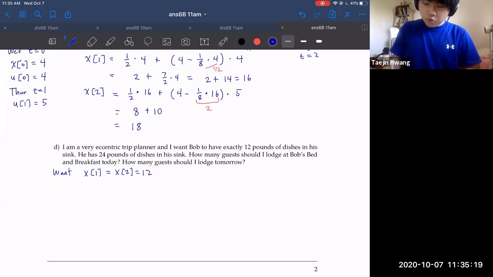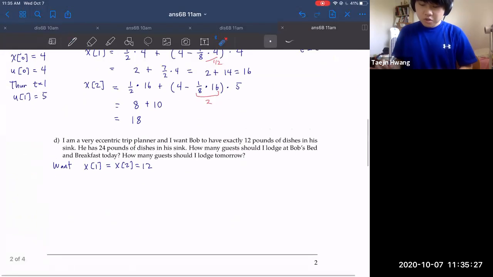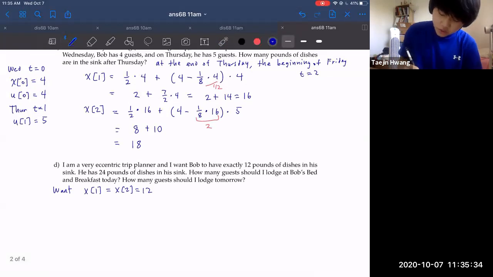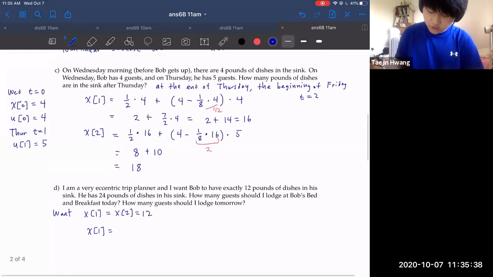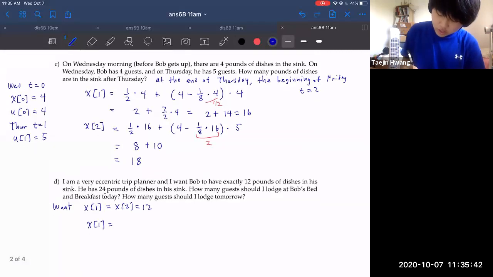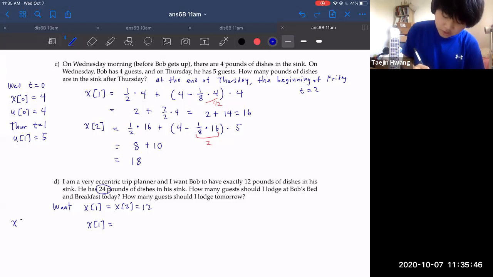And we, as the trip planner, can control the number of guests that come to the restaurant. So we can set up a system of equations and solve for the u variables individually. So let's take a look at x of 1. And before we look at x of 1, we can also note that you have 24 pounds of dishes in the sink initially. So x of 0 is equal to 24.